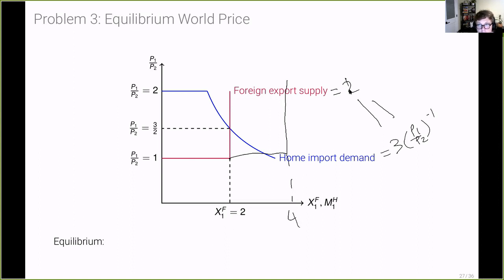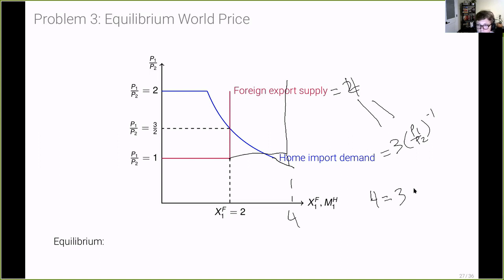It might be that foreign's export supply won't yield a price that's in the range that we want. So in my example, suppose foreign's export supply is 4, and this will be equal to 3 P1 over P2. Let's solve for what price that must generate.